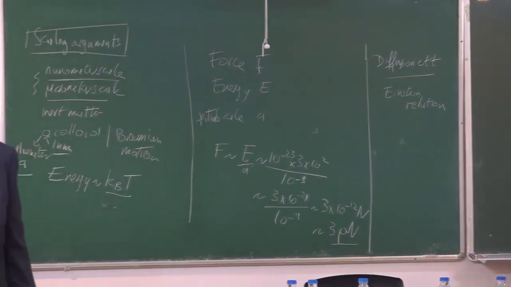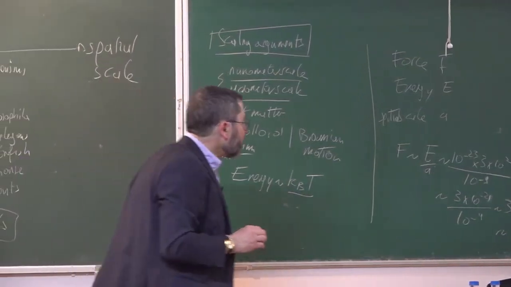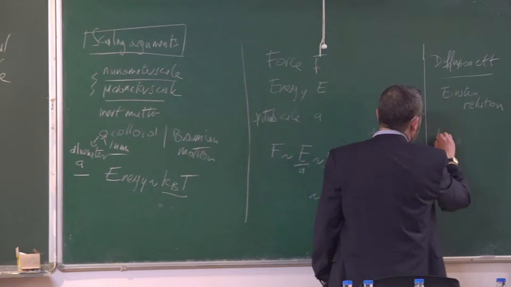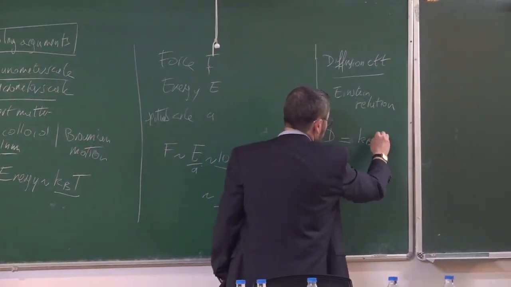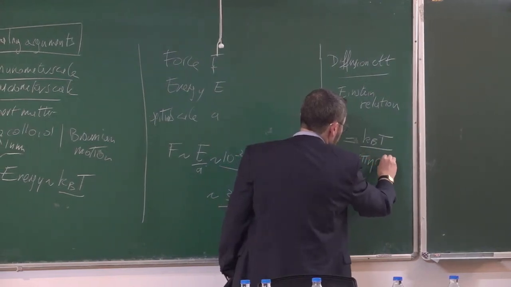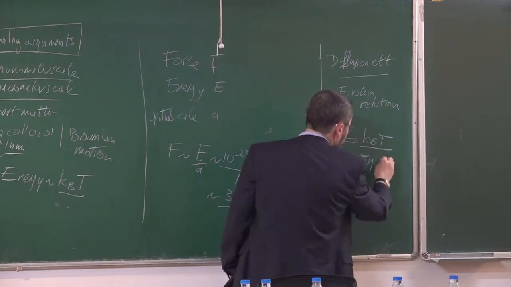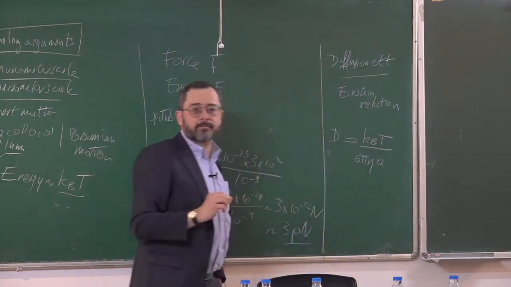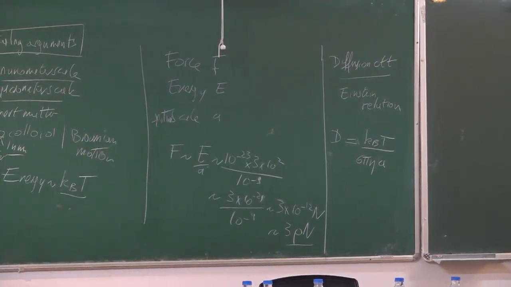For the most, never mind, these are words, you've seen it in the past. So basically, it tells you something very profound, that the diffusion constant is equal to kT over 6 pi eta r. You can derive it. You can show that it is correct.